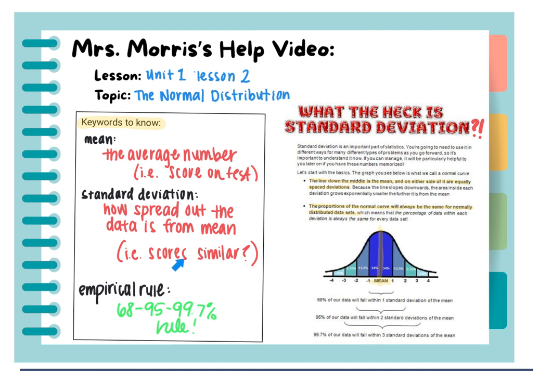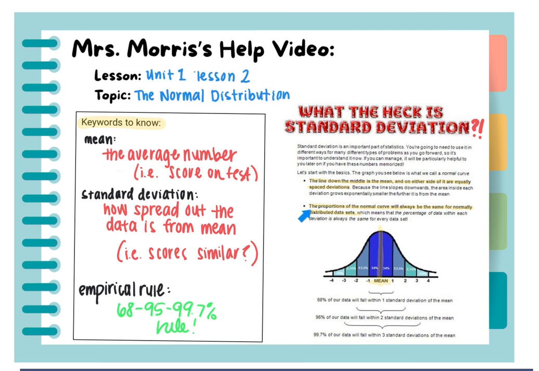But if the scores are all over the place, like we have kids that really did fail or did really, really well, and then some in the middle kids, then your standard deviation would be more spread apart.